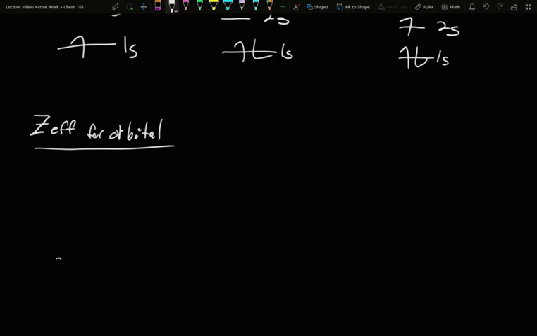So when I have my 3 plus, I have my n equals 1 with 2 electrons, and my n equals 2 with 1 electron. Well, there's a difference here. There are what we call core electrons, which are the earlier n values, and there are valence electrons, which are the outermost n value.